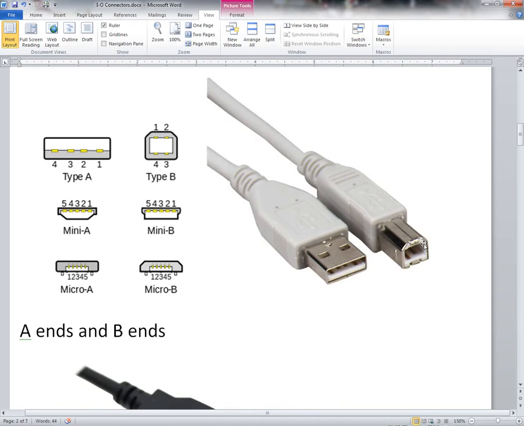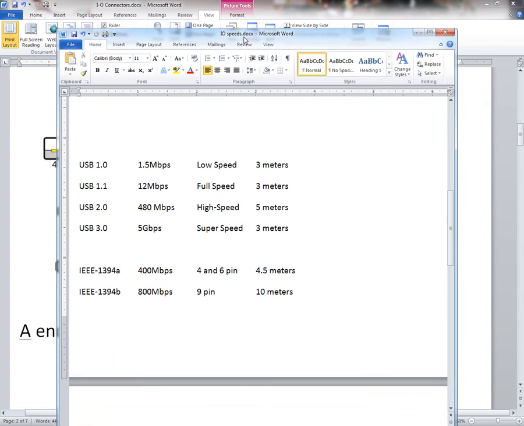We have several different speeds associated with USB. So I have a document here to show you, and this has the table of USB revisions and speeds.